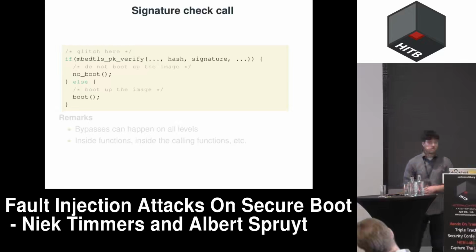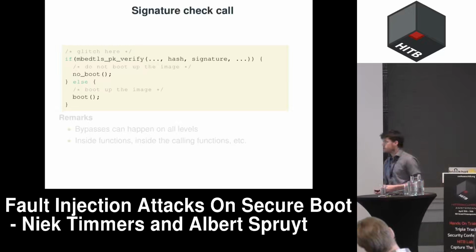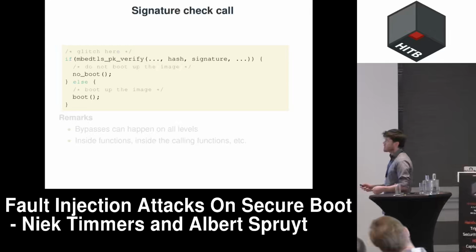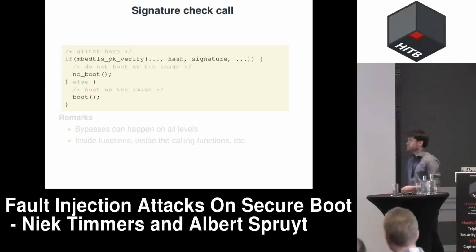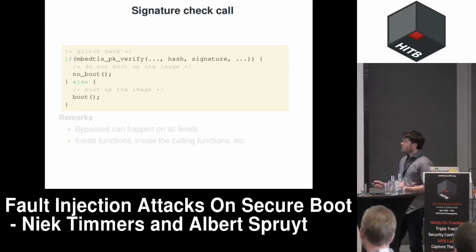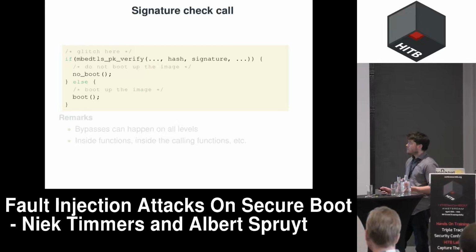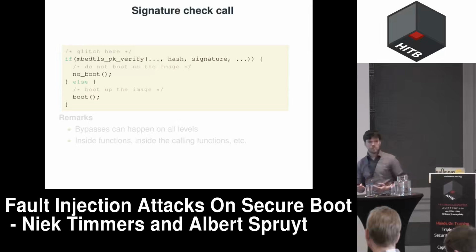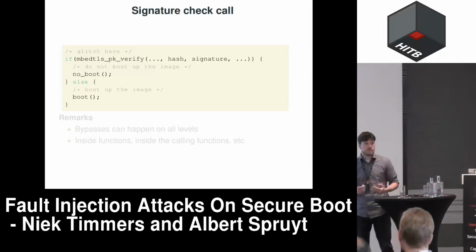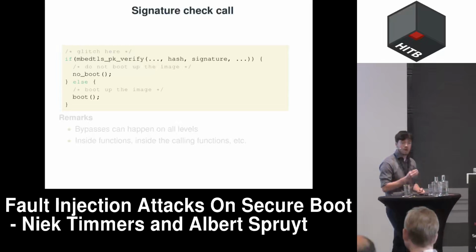Okay, so the code we just looked at is actually inside the Mbed TLS PK verify function. So here we have something looking quite similar, and here we actually pass in the hash and the signature. And this code looks remarkably similar, which probably means it will compile to something very similar as well.